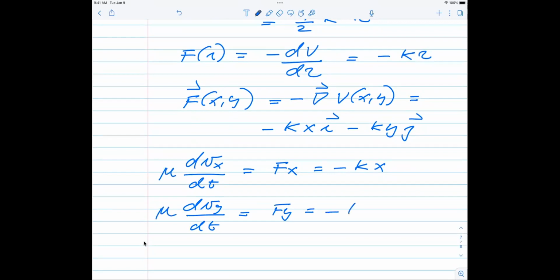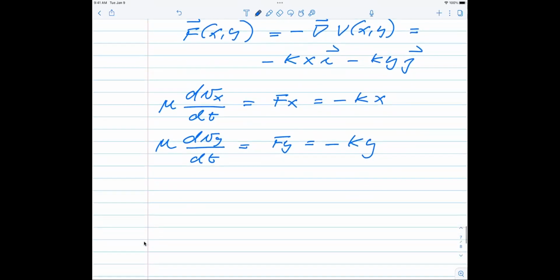And this is given by minus k times y. And finally, I also have the differential equations dx dt, which is v of x, and dy dt, which is equal to v of y.